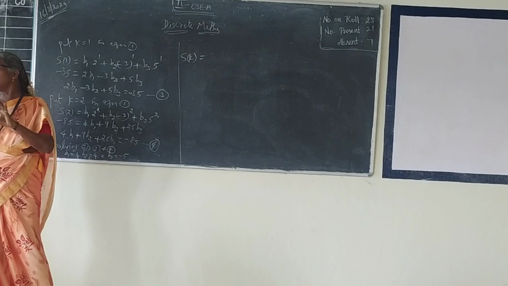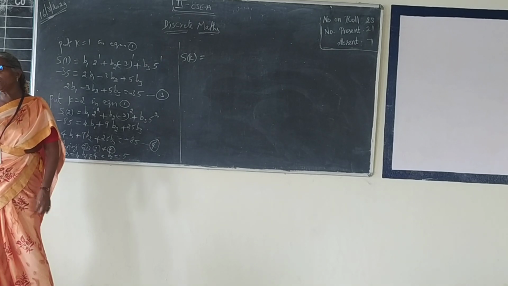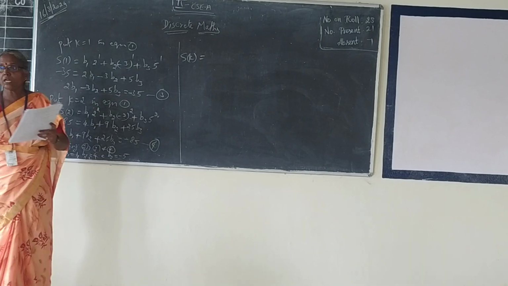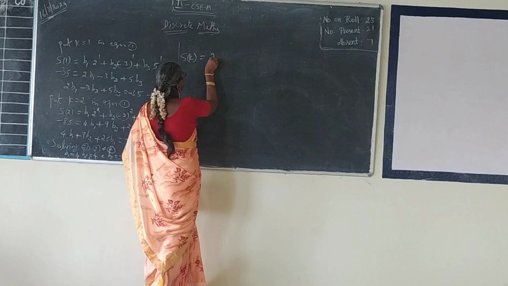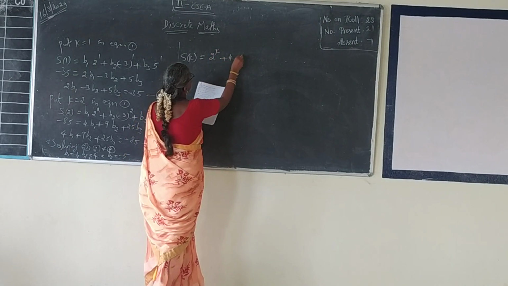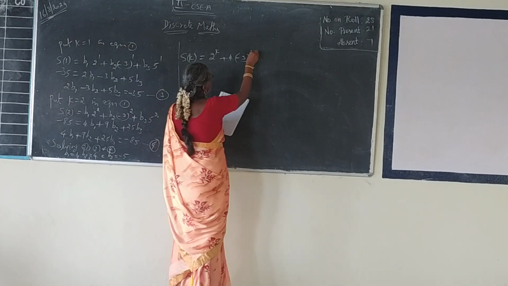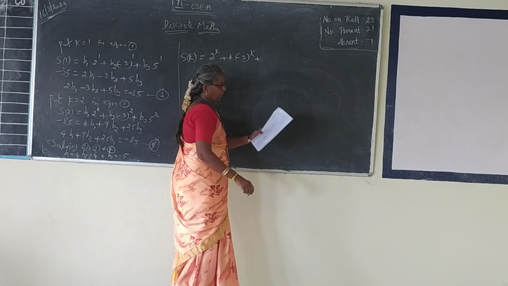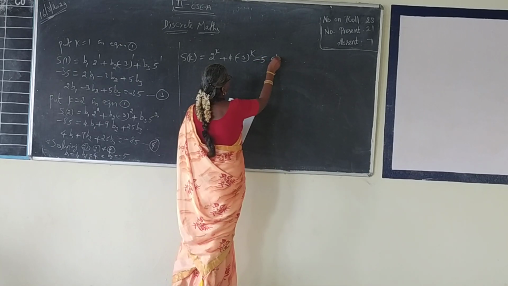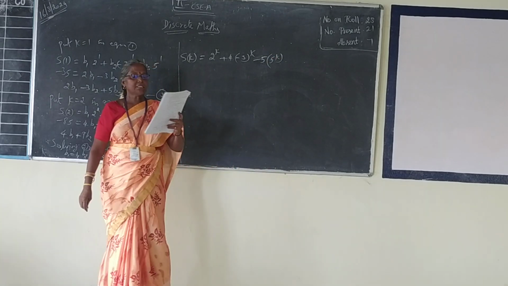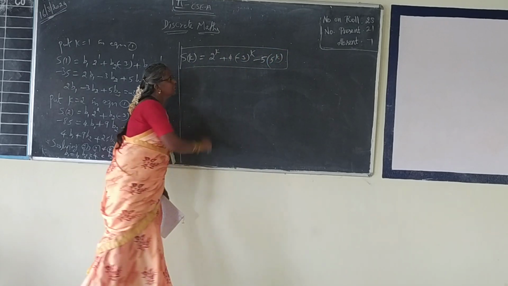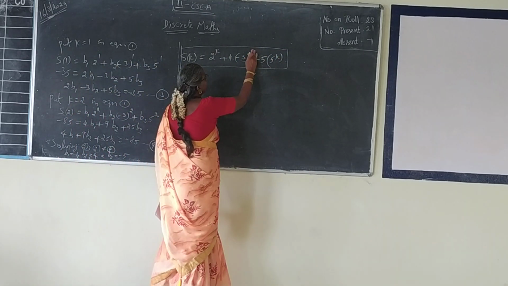All the constants we know now. V1 value is 1, so 1 into 2 power k, plus V2 value 4 into minus 3 power k, plus V3 value minus 5 into 5 power k. So the answer is S of k equal to 2 power k plus 4 into minus 3 power k minus 5 into 5 power k.